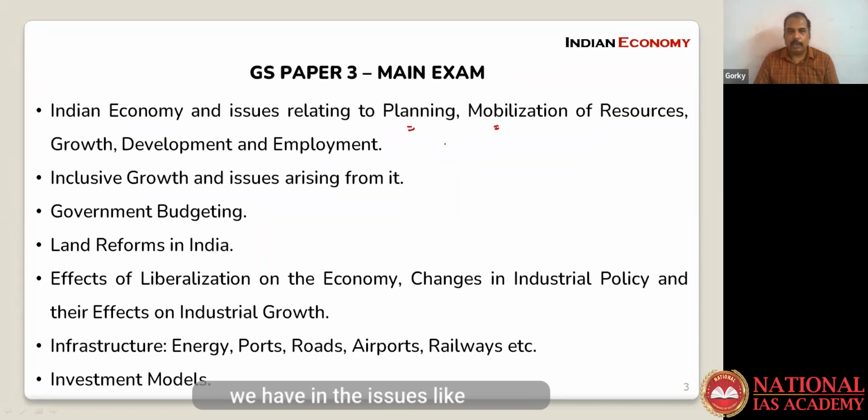What are the employment issues? And in these aspects, what are the inclusive growth concepts, and the issues arising when we try to provide inclusive growth? Then the budgeting part of the government, land reforms, liberalization and their effects, infrastructure development, investment models, and separately agriculture.